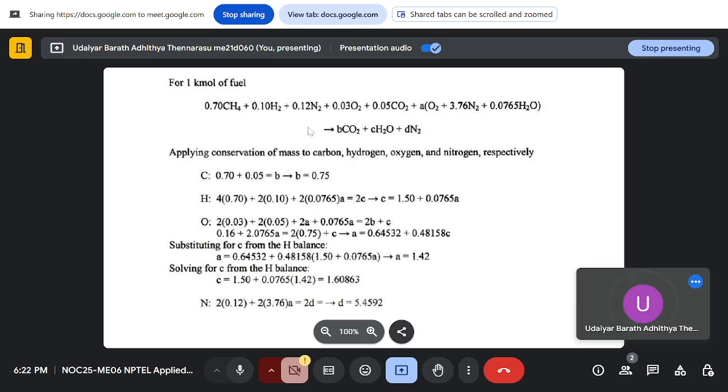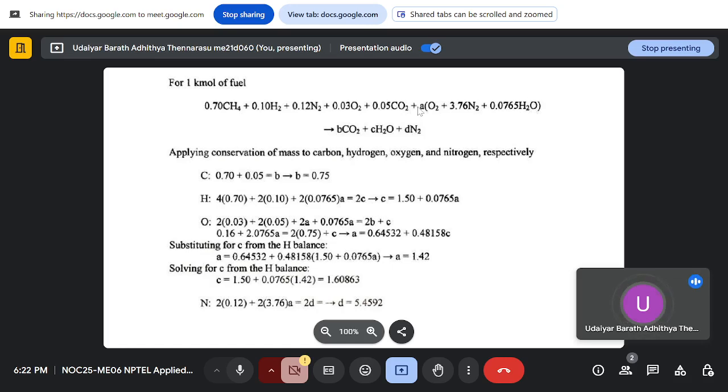So next, for 1 kilomole of fuel that we are combusting, we have 0.7 moles of methane, 0.1 mole of hydrogen, 0.12 moles of nitrogen, 0.03 moles of oxygen, and 0.05 moles of CO2, which is combusted with, now we are considering moist air, A O2 plus 3.76 moles of nitrogen, which is the dry air, where each 4.76 moles of dry air will contain 0.0765 moles of water.